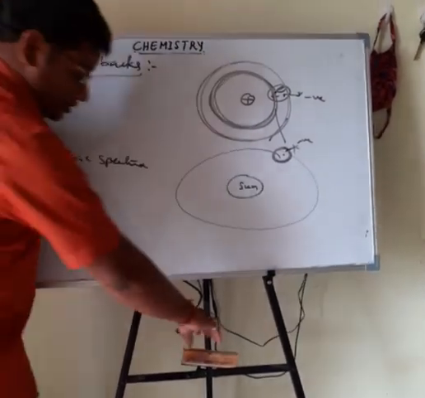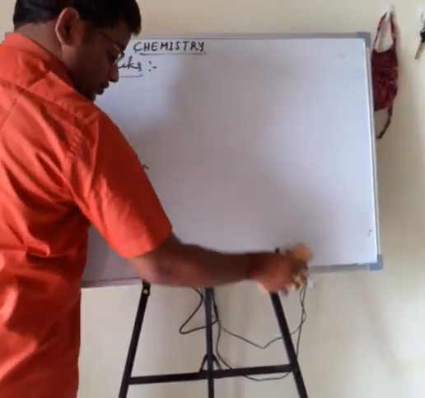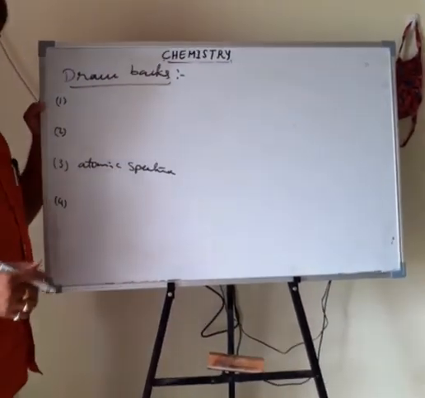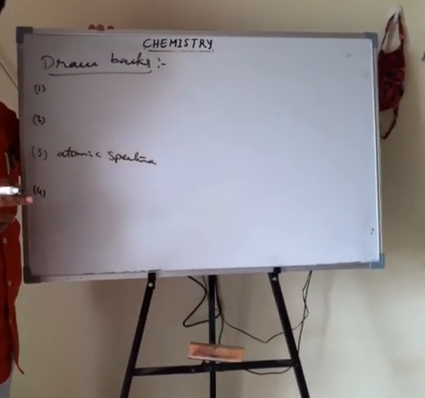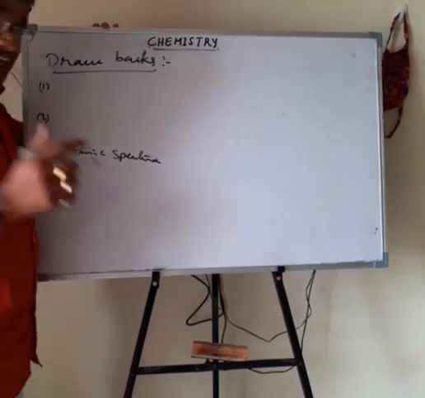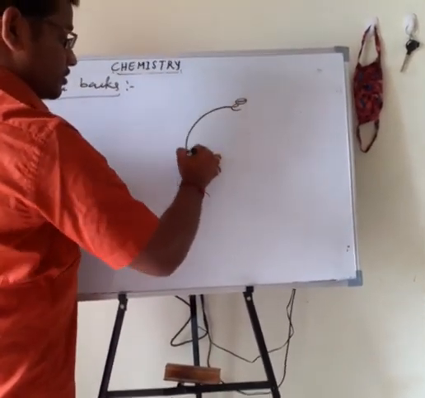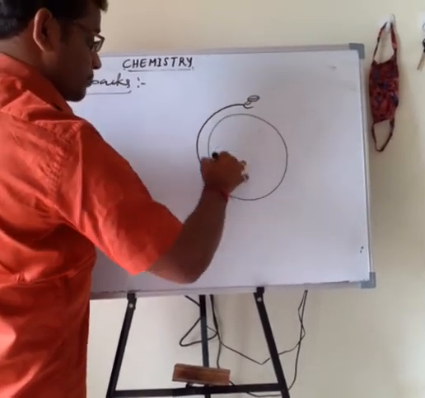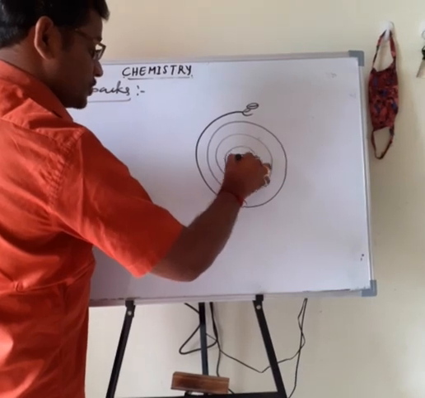Then next is the fourth one. What is the fourth point? According to the classical electrodynamic theory, any charged particle revolving around the nucleus in a circular path emits energy continuously. This is the nucleus.